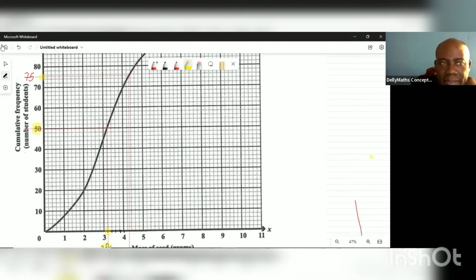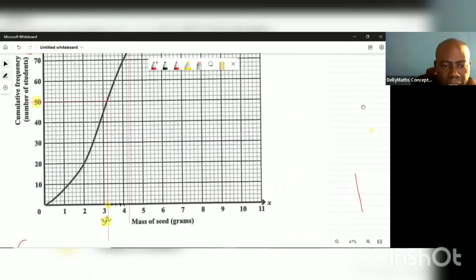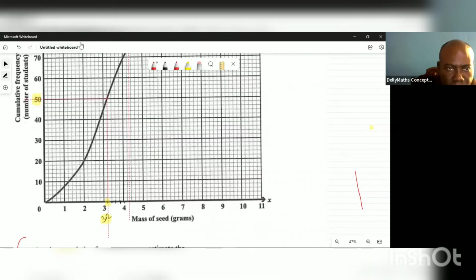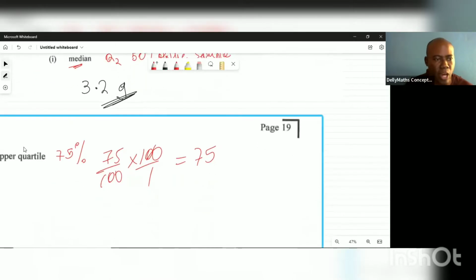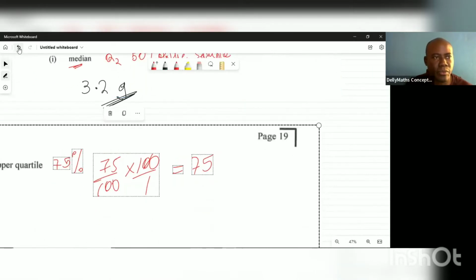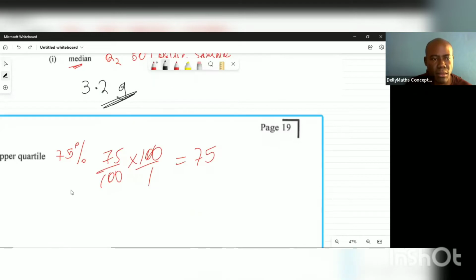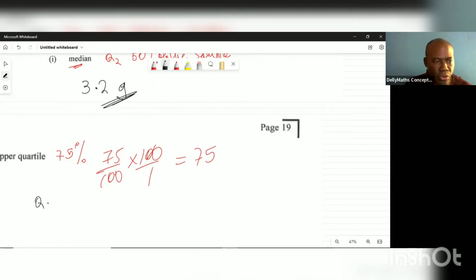So the exact value I'm getting at the bottom is 4.3. It's coming down between 4.2 and 4.4, so I'm getting 4.3 grams. So the upper quartile is 4.3 grams. I'll call it Q3. That's my upper quartile, and this is equal to 4.3 grams.